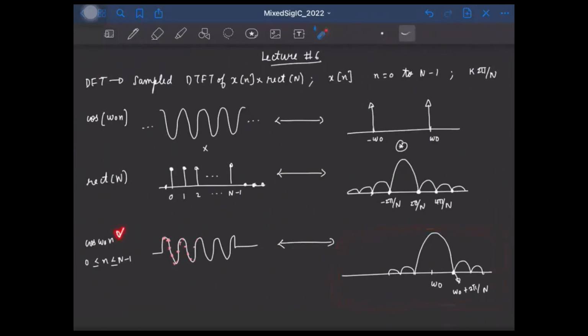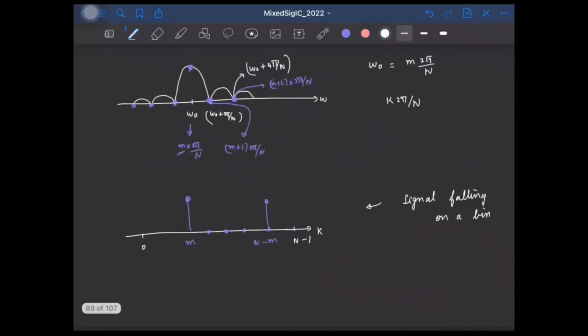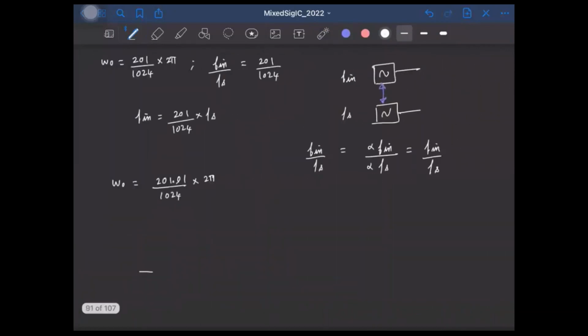We are multiplying cos omega naught n, where omega naught has slightly changed, with this rectangular function. So I'll get this spectrum, right? Let me draw that once. So this is my omega naught. And this will be omega naught plus 2 pi by N, and let's say in my case N is 1024.